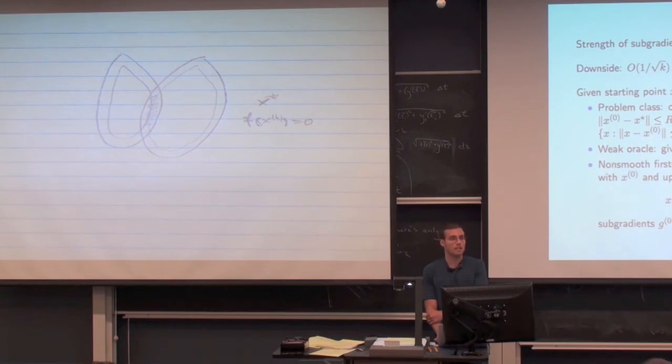And we're going to try to see, with this setup, how well we can do in terms of a convergence rate. What are the methods we're going to look at? We're going to look at first-order methods, but they're going to be non-smooth first-order methods. So it's just like a first-order method we talked about last time. It's an iterative method, but now it updates the kth iterate to be in x0 plus the span of the subgradients it's seen, not the span of the gradients.